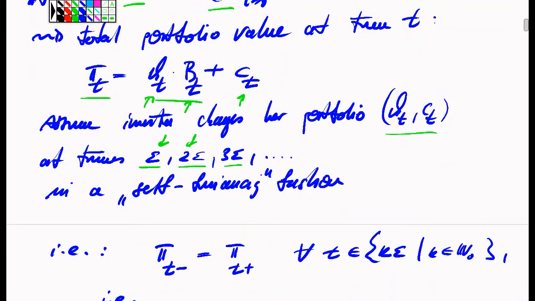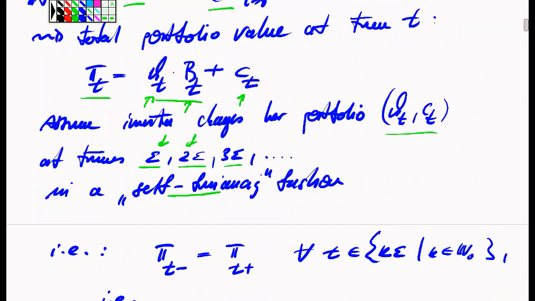And suppose that at each of those discrete moments of time, he can reorganize his portfolio, but it should be done in such a fashion that it is self-financing. So we want to assume that the investor does not take any money from anywhere else except from his cash account in order to purchase a little more Daimler stock at a certain time point, 2 epsilon, for instance.